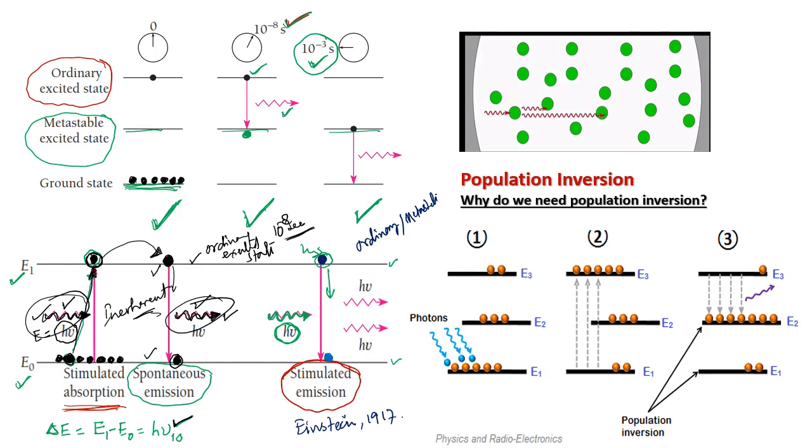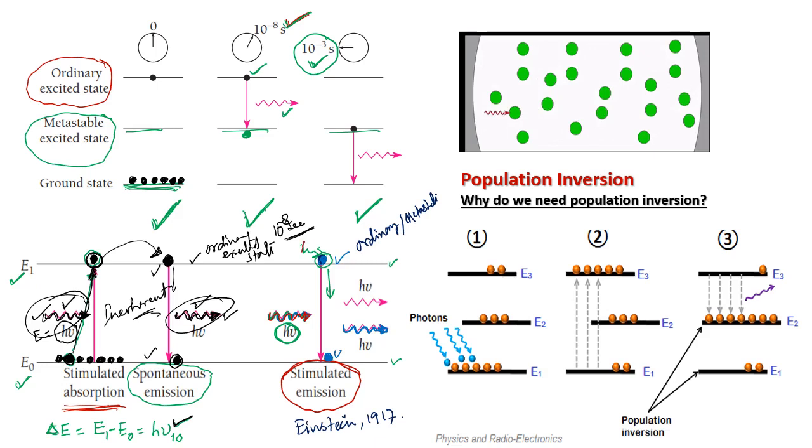So what happened in this process, we have two photons in the final state. One photon which is coming, which is used to push this atom from the upper state to the lower state, and the one photon is there when this atom is coming down to the ground state. While coming down, it emits a photon of the same energy.